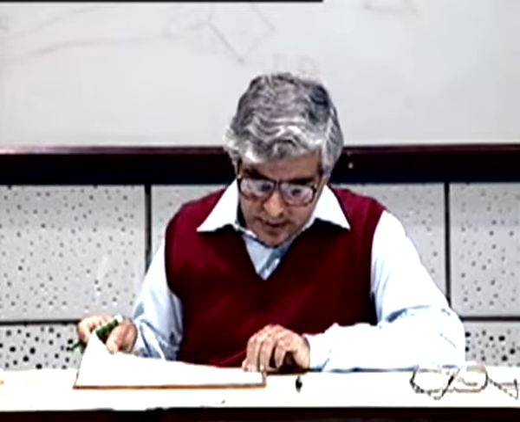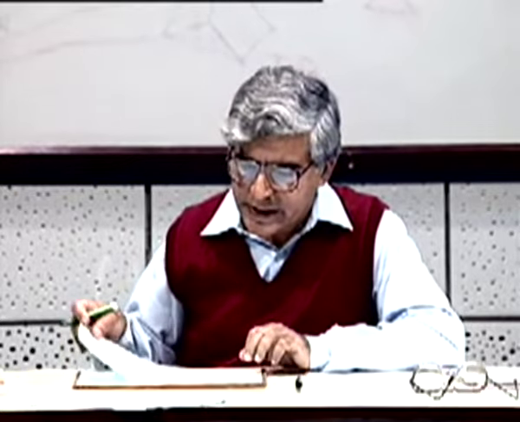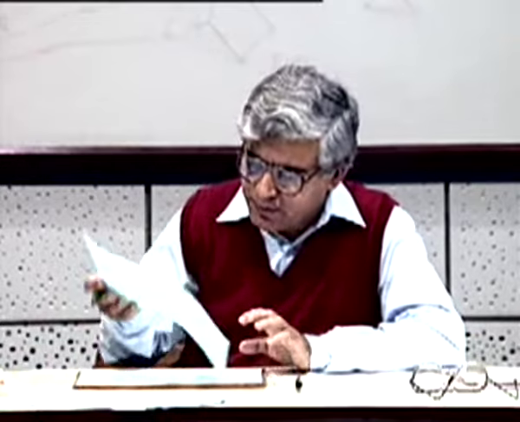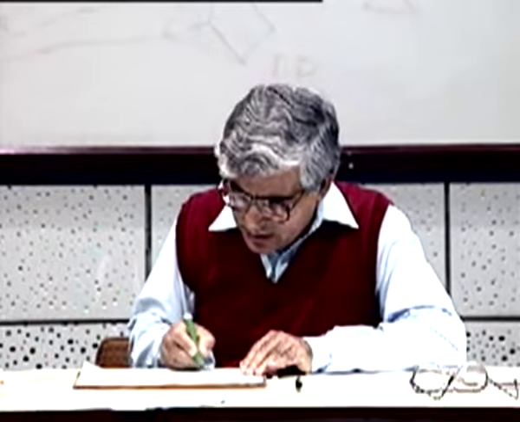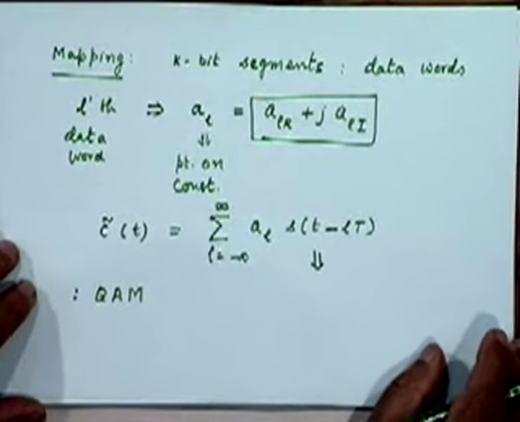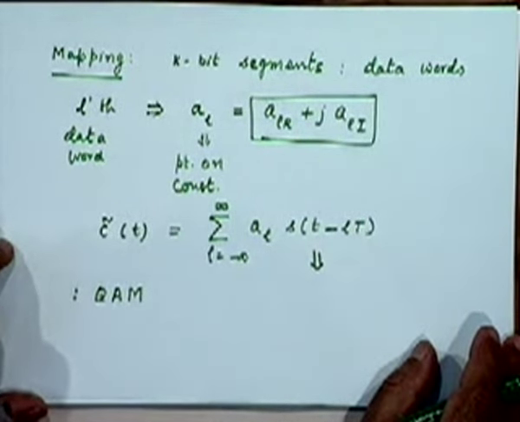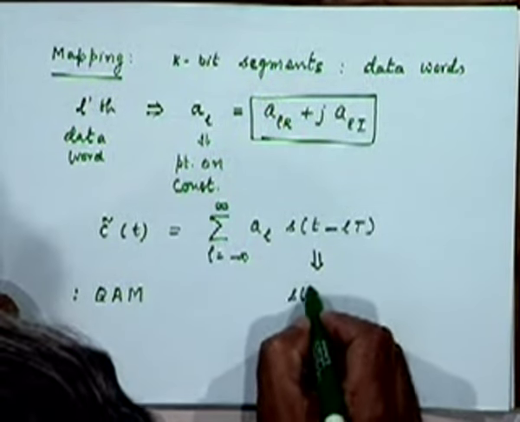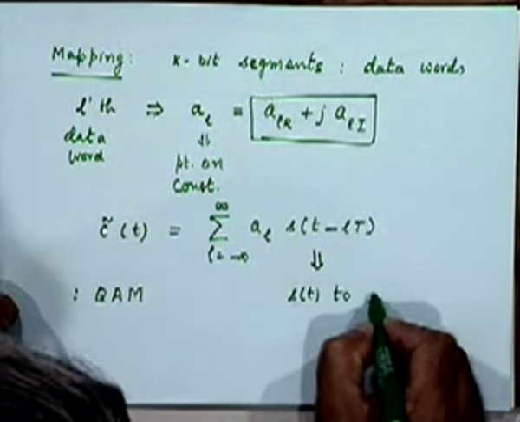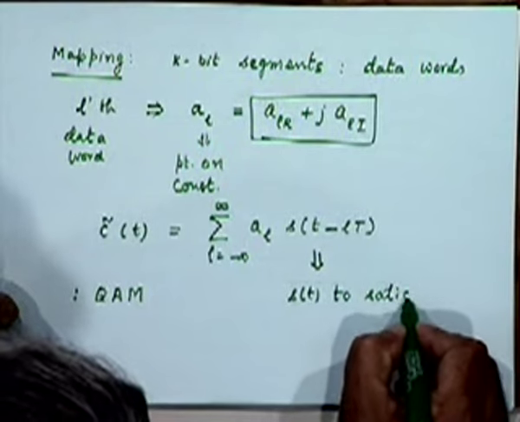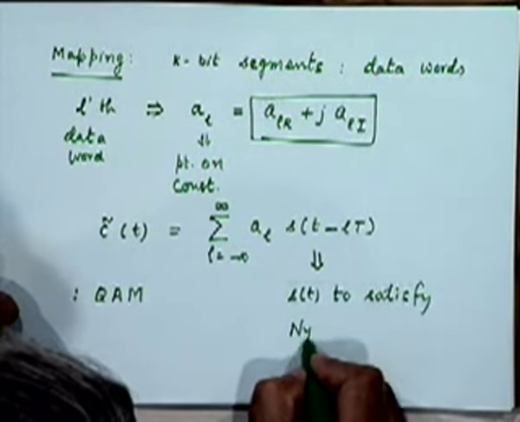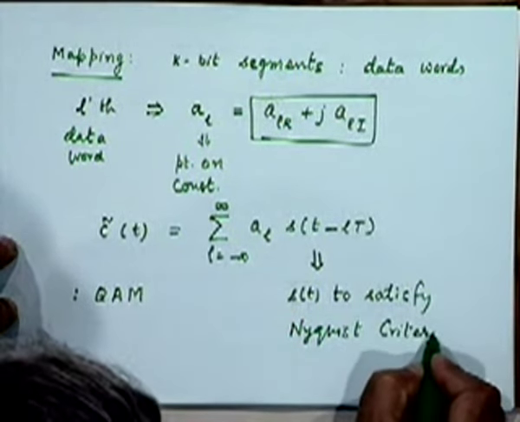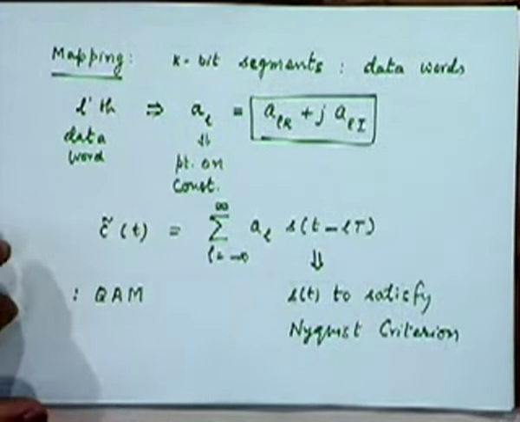Alright. So this is another way of looking at QAM mathematically, and typically this pulse s(t) that you will use will satisfy what kind of pulse shape? The Nyquist criterion. So s(t) should satisfy the Nyquist criterion, right?